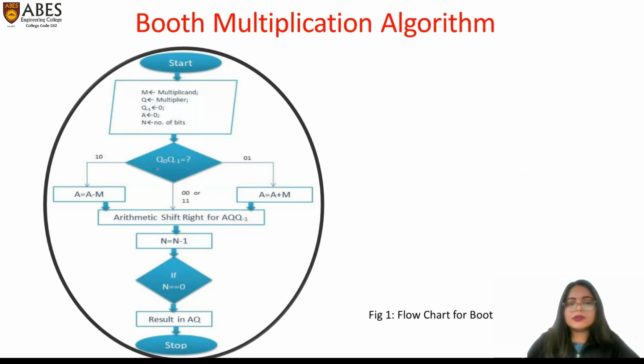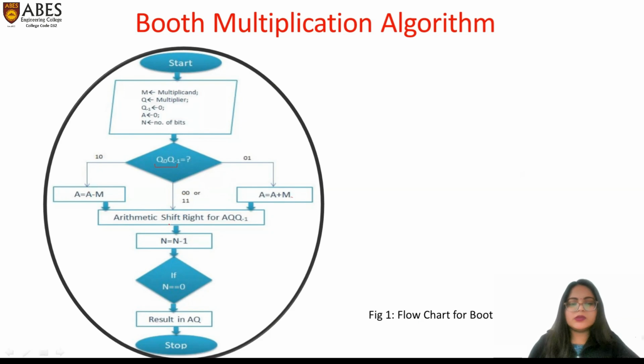Now, after this, we need to check the combination of Q0 and Q minus 1 for every counter value. According to this Booth algorithm, for the 0, 1 combination we need to apply the plus M operation, and for the 1, 0 combination, we need to go for the minus M operation.